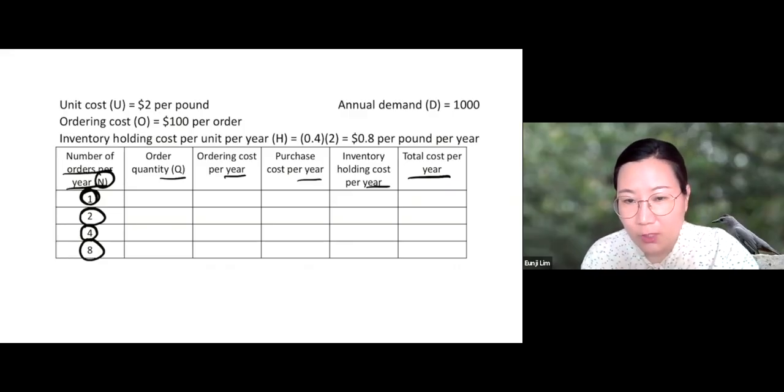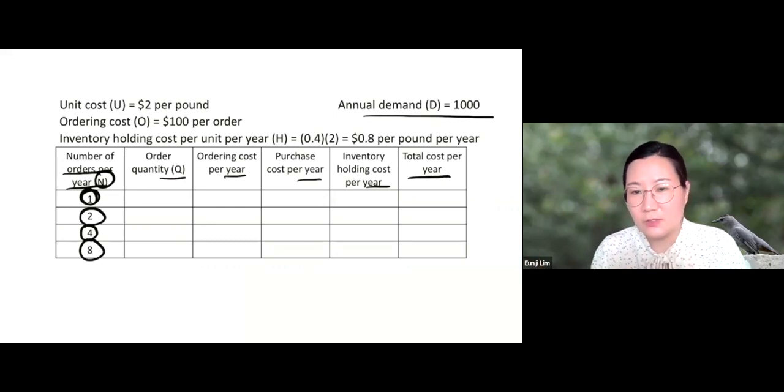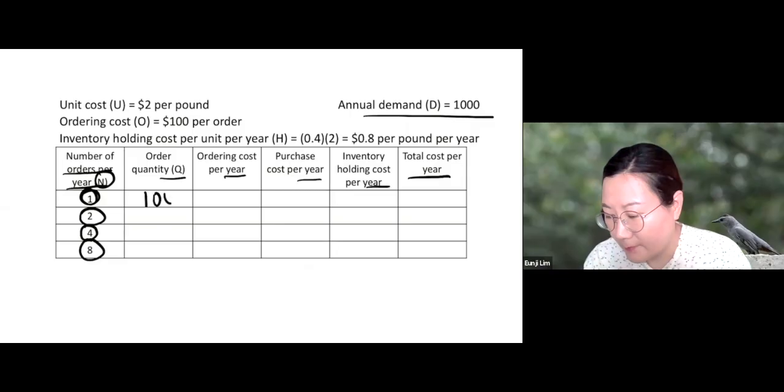When we place 1 order every year at the beginning of each year, how many pounds of coffee should you order? Remember, the annual demand is 1,000 pounds. That means throughout the year, we're going to sell 1,000 pounds of coffee. And since we only place an order once a year, you need to order 1,000 pounds.